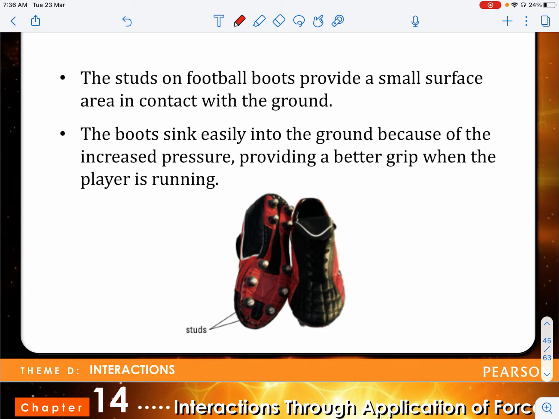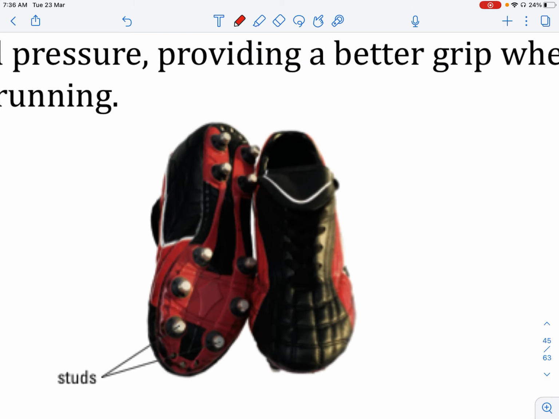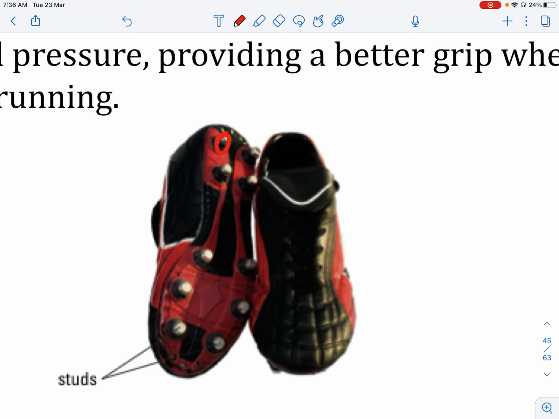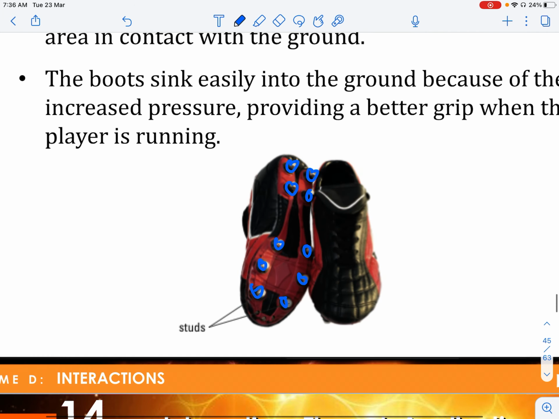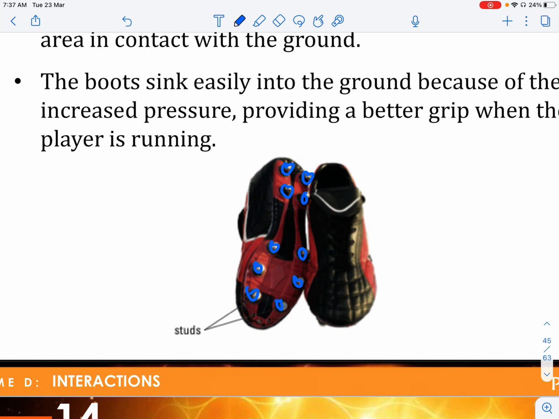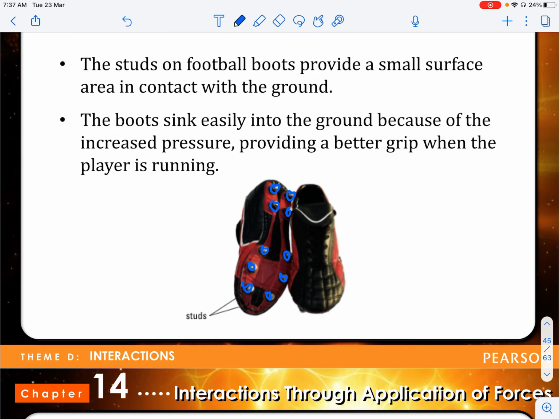Second thing is the studs on the football boots have a very small surface. This small surface will then be able to get stuck in the ground or push through the grass field, and therefore you have a better grip in terms of running.